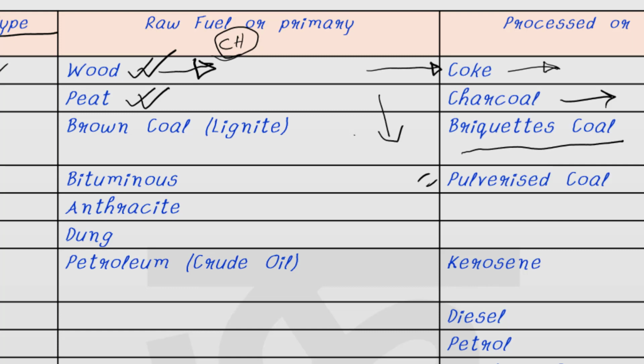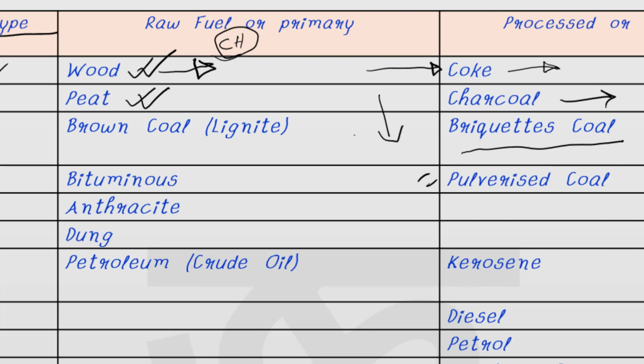That is why it is also called black lignite. This is a high quality coal because it gets more time to form, and generally bituminous coals are used in steel industries and in power plants.